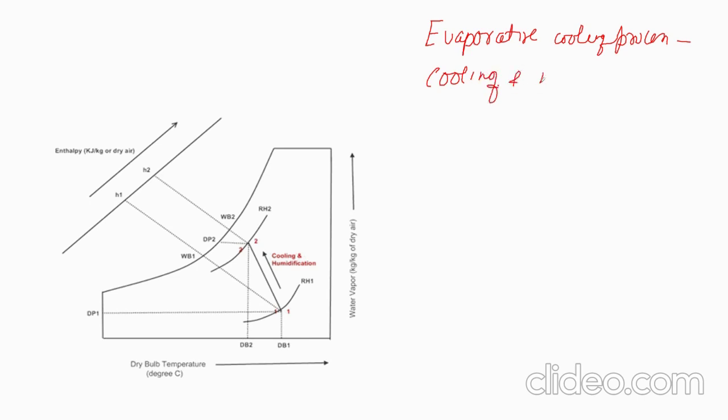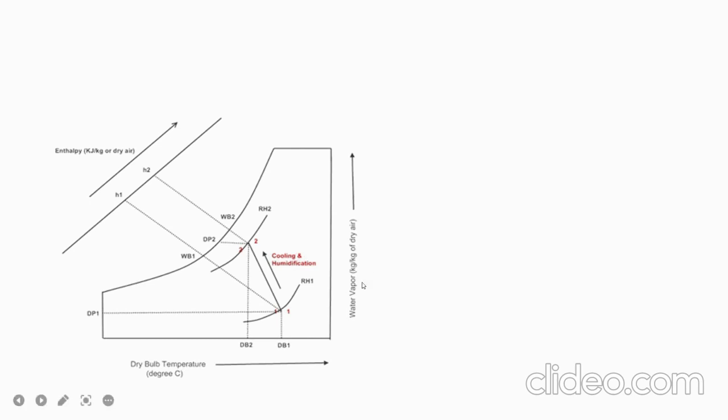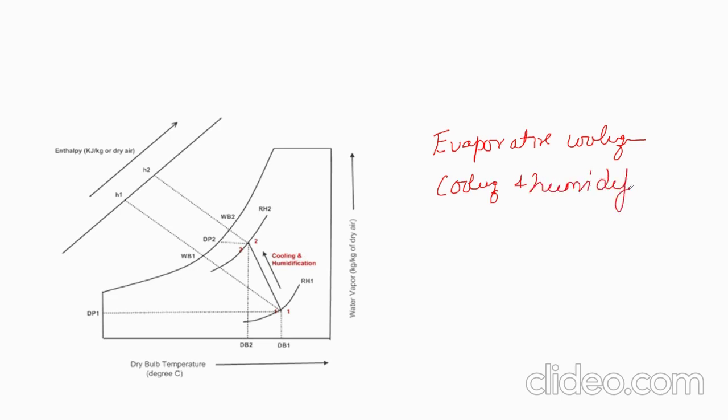Cooling and humidification is represented on the psychrometric chart by this line.